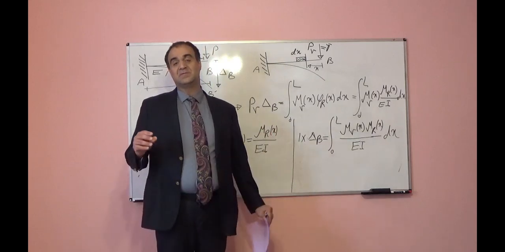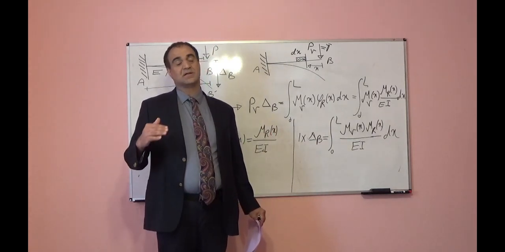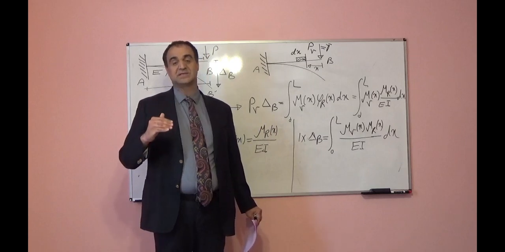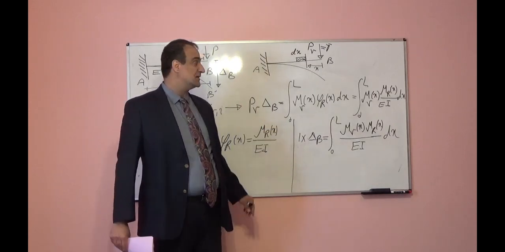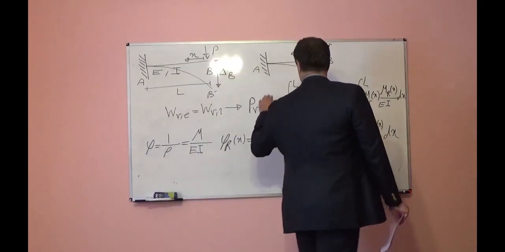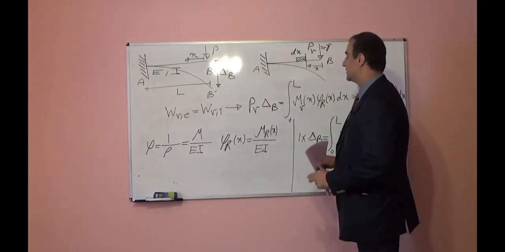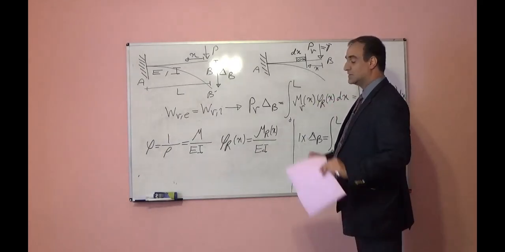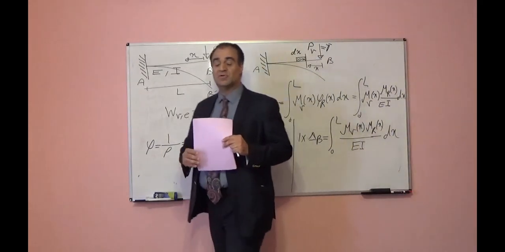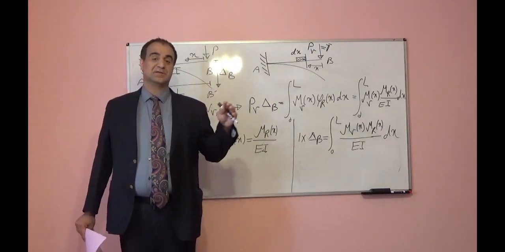So for a beam, in most cases, not all cases, the deformation or deflection we will have is because of the bending moment, because of the bending deformation. So we will neglect the shear deformation.